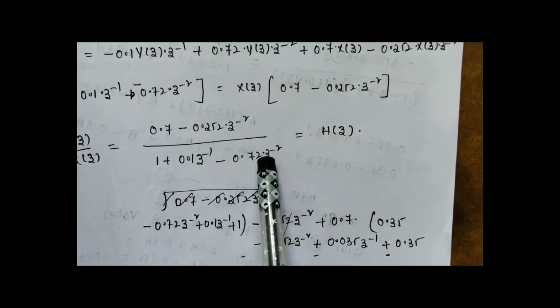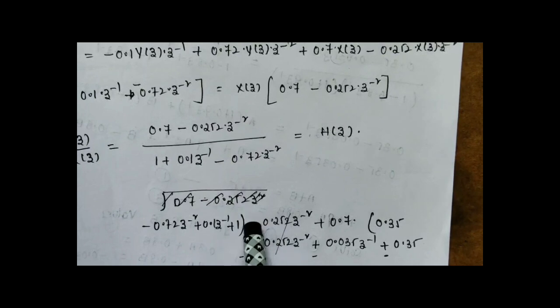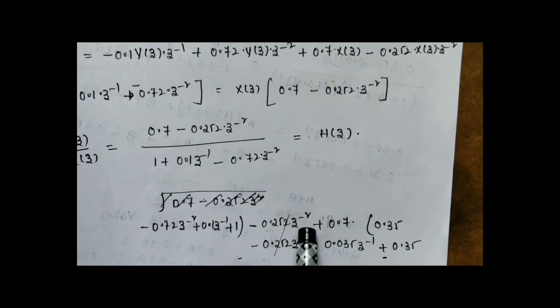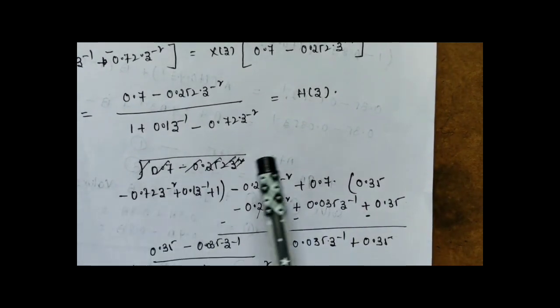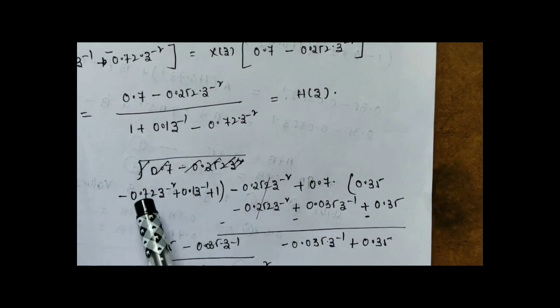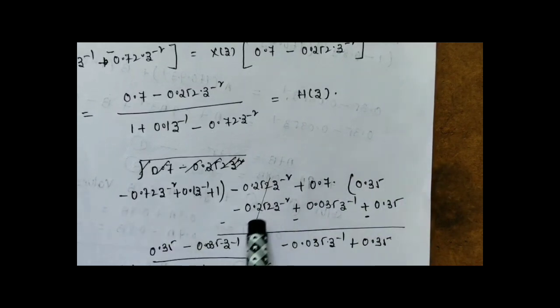Z power minus 2 is the higher power. After dividing, to cancel the z power minus 2 terms, you have to multiply 0.72 with 0.35. If you multiply the entire equation with 0.35, you get the equation as minus 0.252 into z power minus 2 plus 0.035 into z power minus 1 plus 1.